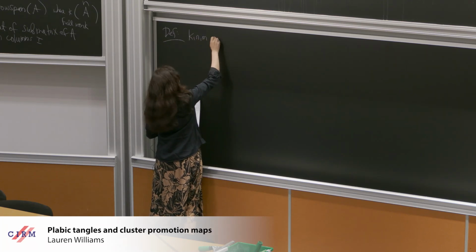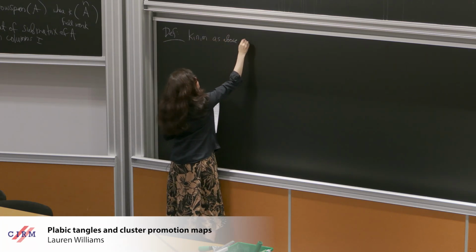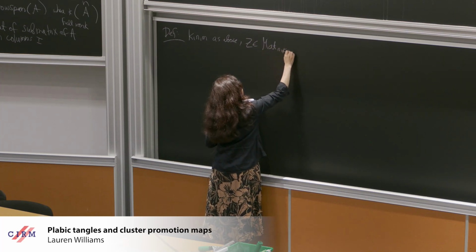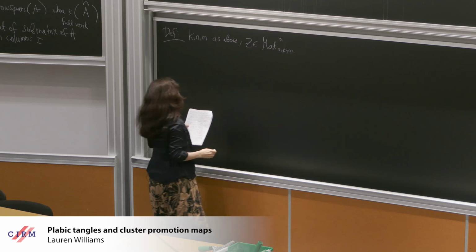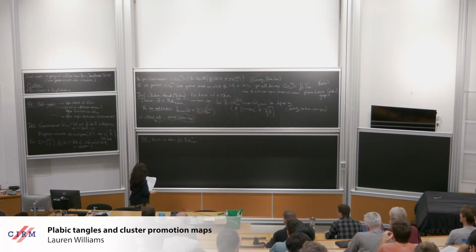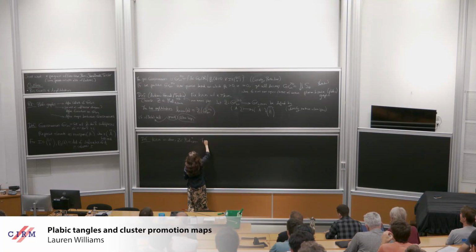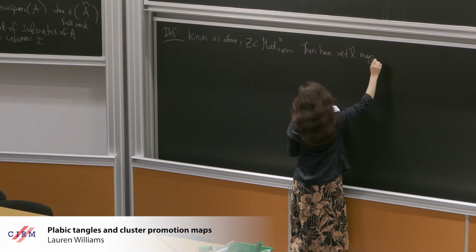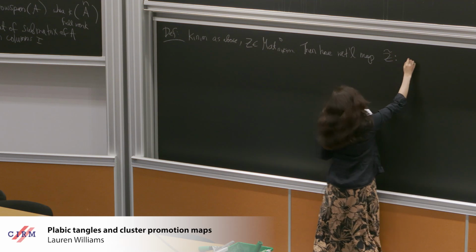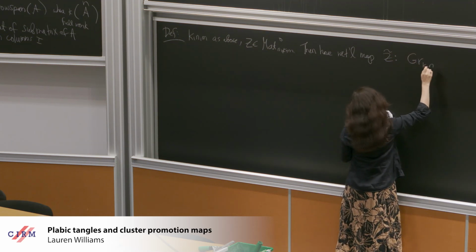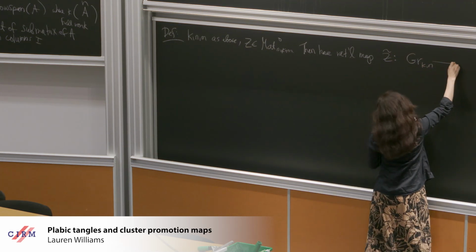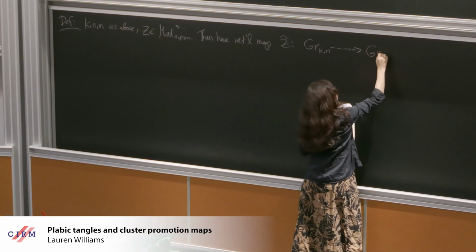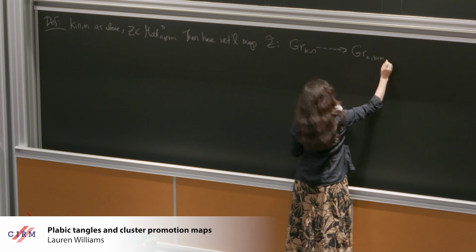So let's take k and m as above, and let Z just be an n by k plus m matrix with maximal minors non-zero. And then we have a rational map, which I'll still call Z, from the Grassmannian. Okay, but this is rational, so let me make this a dotted map to the Grassmannian of k-planes in k plus m space.